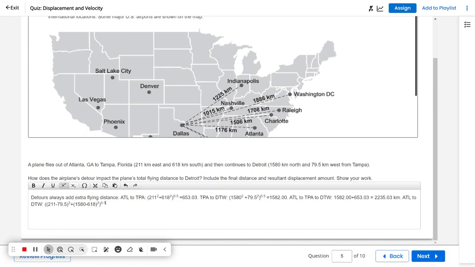This is how I use the Pythagorean theorem when I type it.